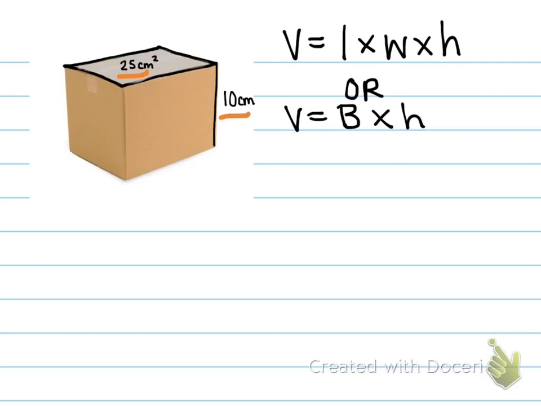Well, considering that we only have two numbers to work with here, using the second formula would be our best bet. The area of the base is 25. And we would multiply this by the height of the box, which is 10.